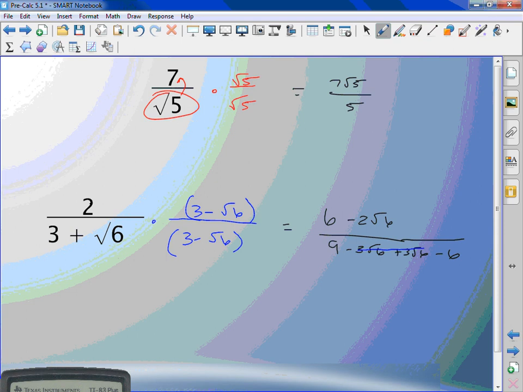What am I left with on the bottom? 9 minus 6, which is 3. So 6 minus 2 square root of 6 over 3. The only thing I could do if I wanted to divide: 6 divided by 3 is 2, minus 2/3 square root of 6. The 3 has to go to everything. I just leave it like this.